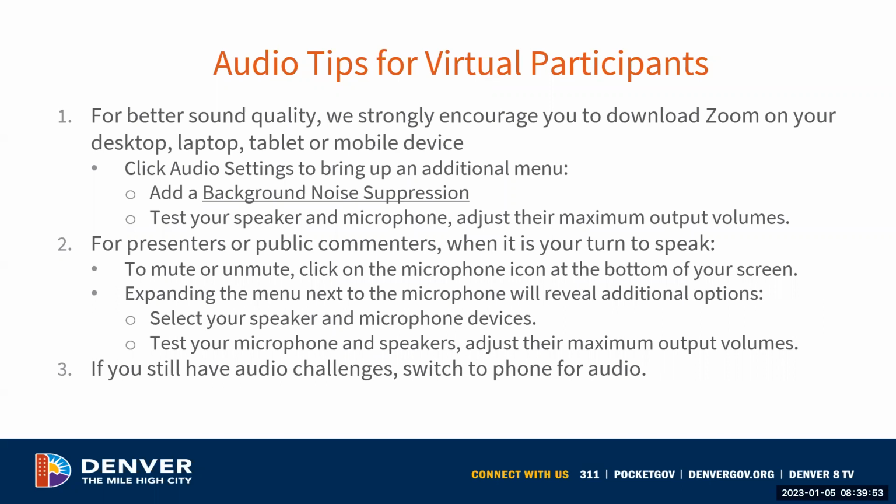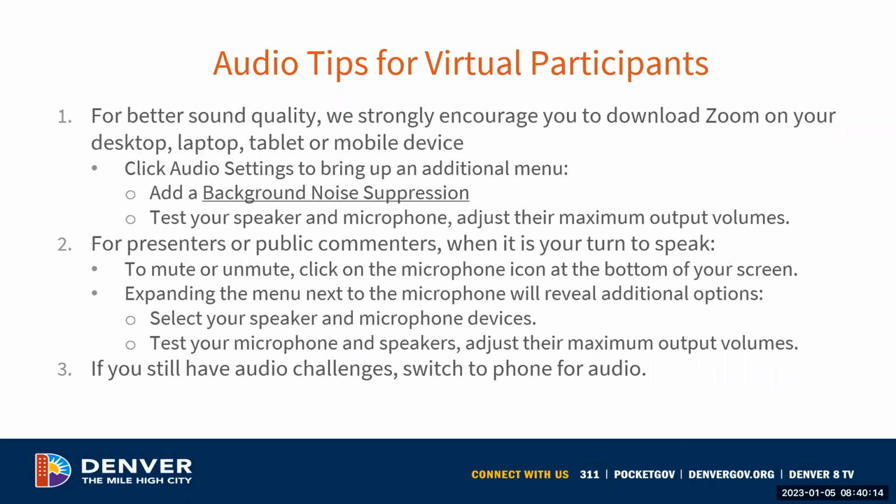You also have the opportunity to test your speakers and microphones and adjust the maximum output of volume on that menu. For all presenters and public commenters, when it's your turn to speak, we will ask you to unmute. To do that, click on the microphone icon at the bottom of your screen. Expanding the menu next to the microphone will reveal some additional options.